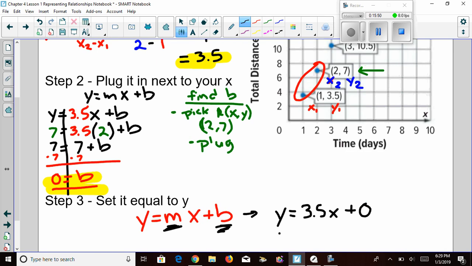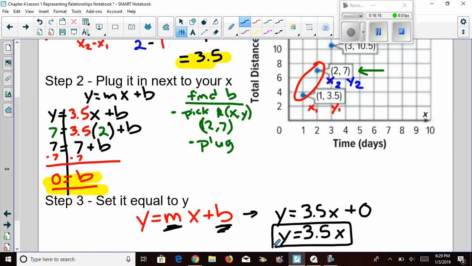And generally, you guys tell me no. So we're going to go ahead and finish by writing the equation y equals 3.5 times x. And that is the equation that will represent the relationship in the graph.